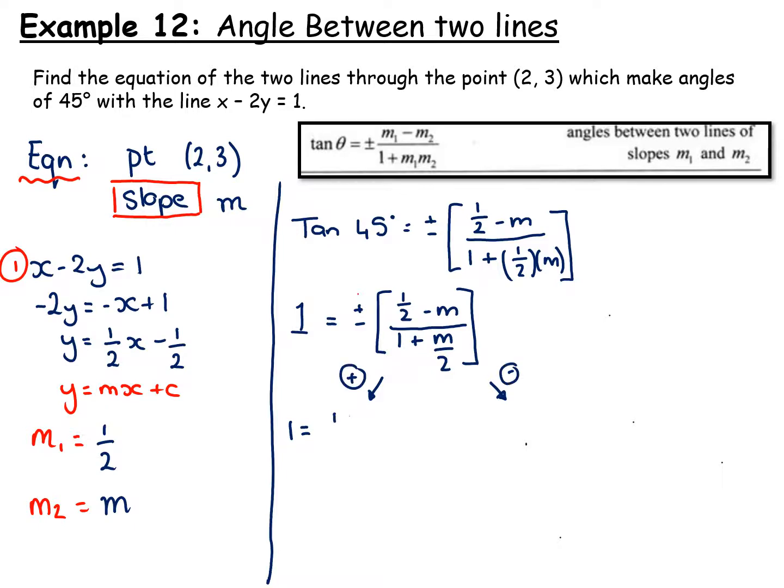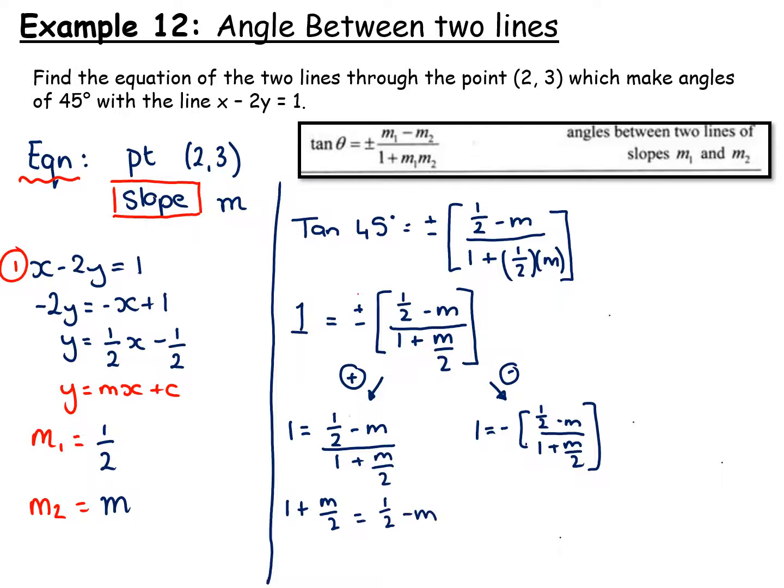So that leaves us just a fraction, a half minus m all over 1 plus m over 2. With the minus, it's going to be 1 equals minus, and this bracket, a half minus m, over 1 plus m over 2. So we have 1 plus m over 2 is equal to a half minus m.